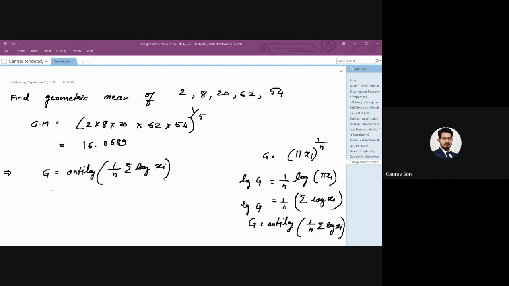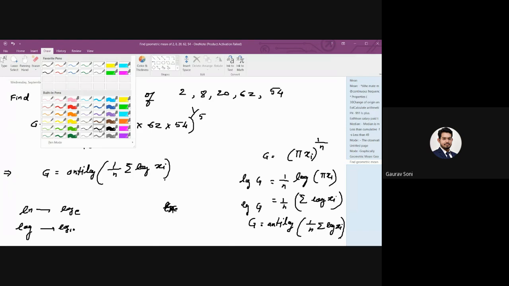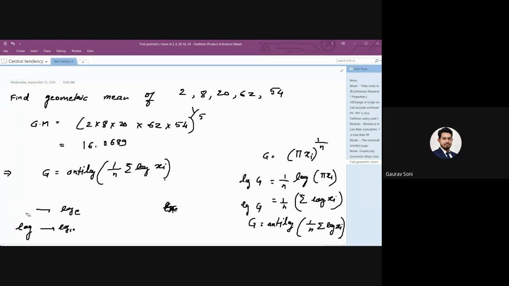Remember that in your calculator, there are two logs: log to the base e, which is represented by ln, and log, which is log to the base 10. Remember which log you are using. While doing integration, we usually get log to the base e. In this case, you can take log to the base 10 and later anti-log of log to the base 10.